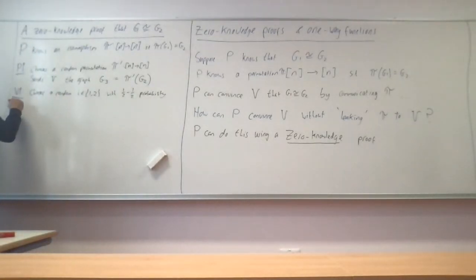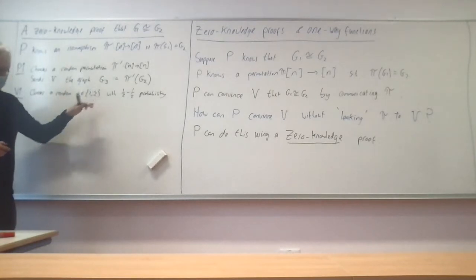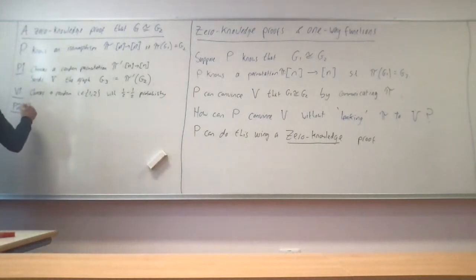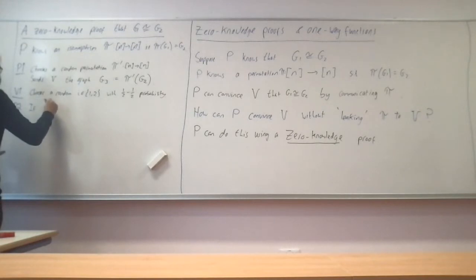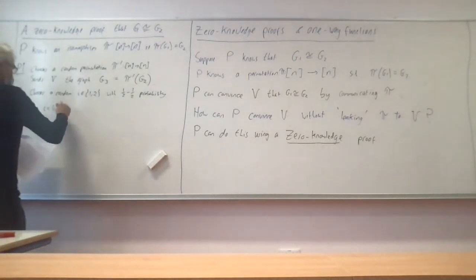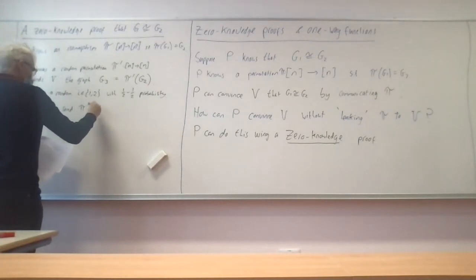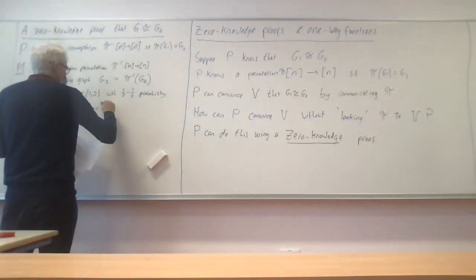And P2 is going to now send the verifier back a permutation. But what permutation it sends depends on i. So if i equals 1, we send the permutation π″ that we get from composing π′ and π to the verifier.